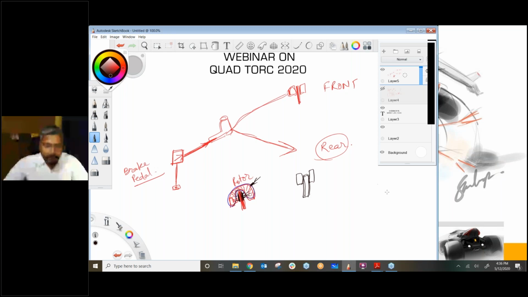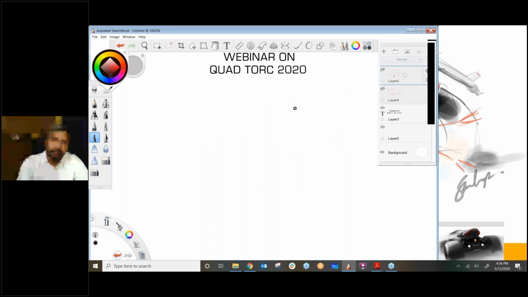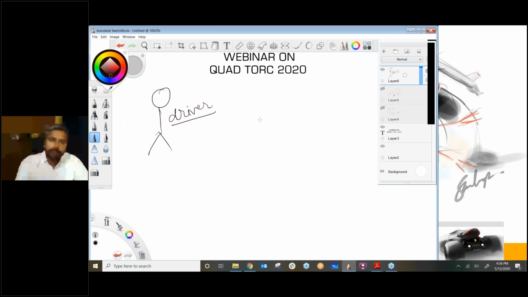And somewhere over here, the driver is sitting, and this is driver's leg. Somewhere over here comes his foot. So ask your driver to sit as if he is driving the quad, and ask him to apply the force on the brake pedal, and this brake pedal will be replaced by a weighing scale.